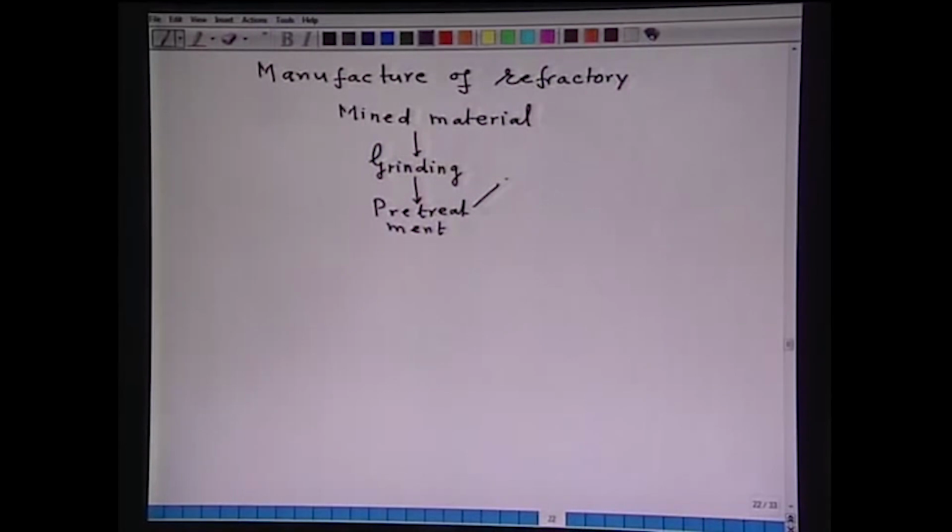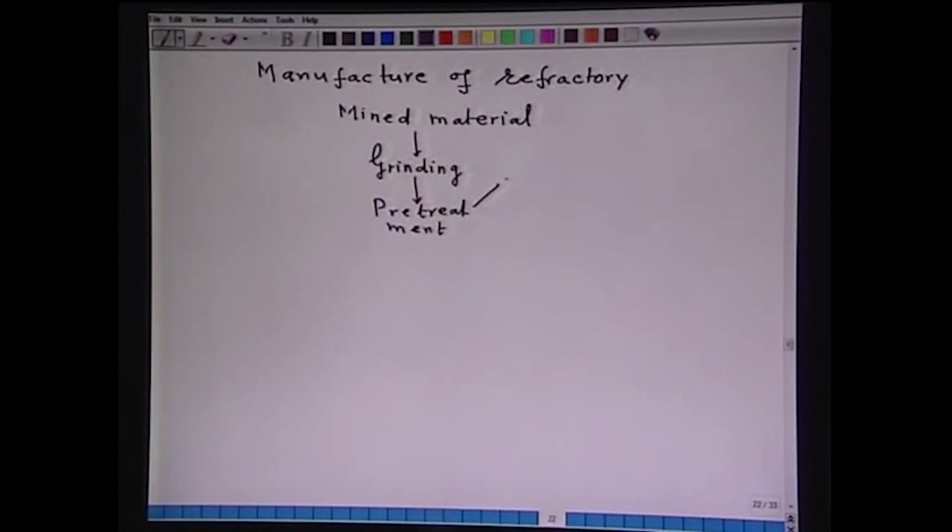So, if these changes are not incorporated during the production of the refractory, and if we put that material directly into the reactors, then the phase transformation or allotropic transformation will occur at that point of time and the whole refractory will collapse. So, this pre-treatment, that is firing of the refractory at a particular temperature, depending upon the phase transformation and allotropic transformation of the material, where both are temperature dependent, has to be done. So, the pre-treatment stage has two objectives.